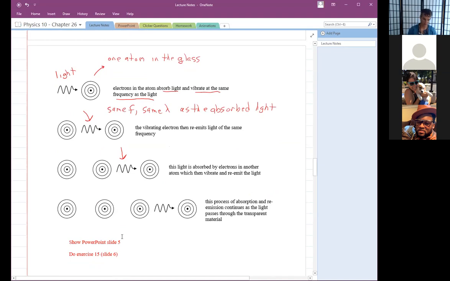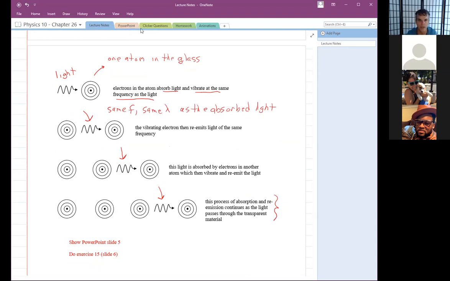And then that'll cause electrons in this atom to oscillate, which will create a new piece of light. This process of constantly getting absorbed and re-emitted continues the entire time until it eventually gets to the other side of the glass.